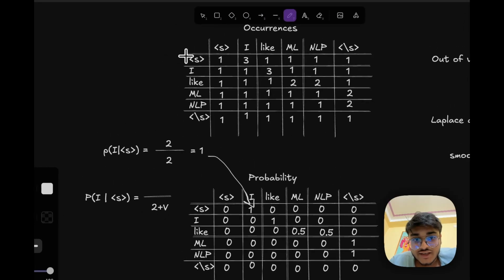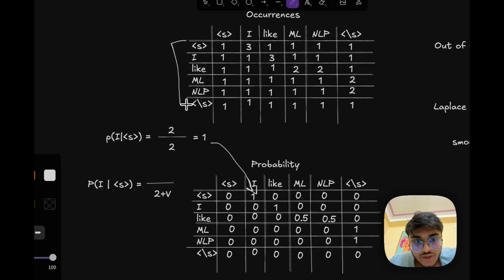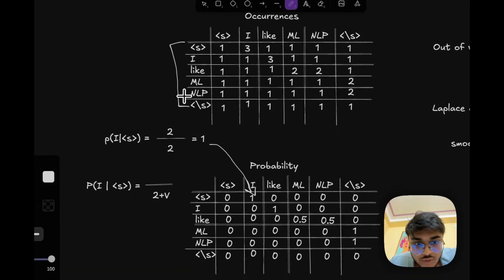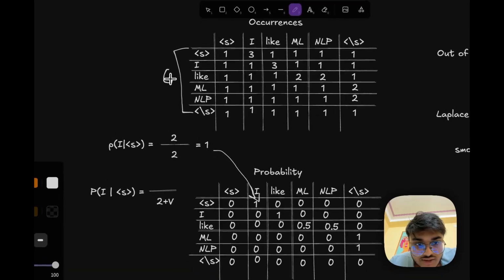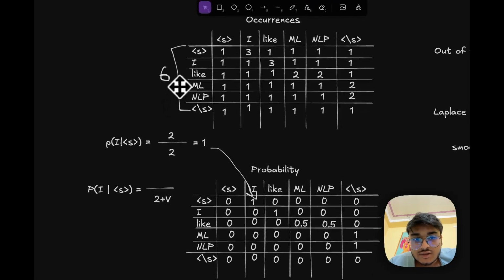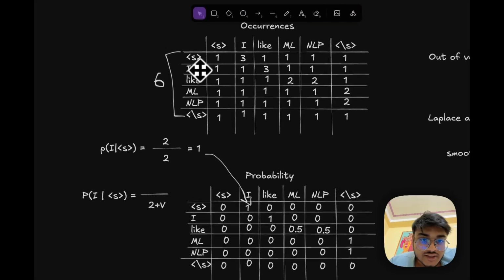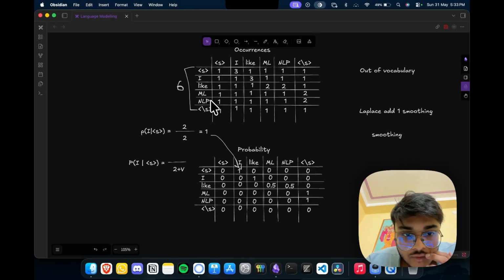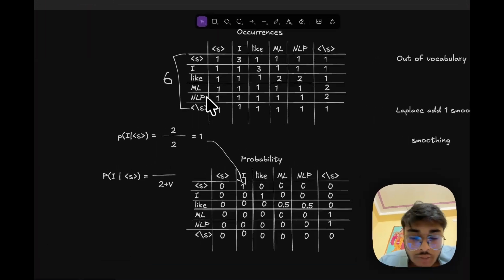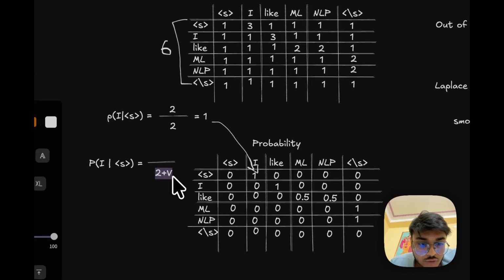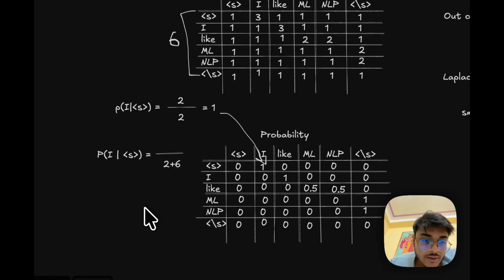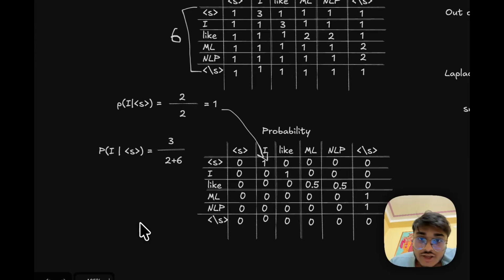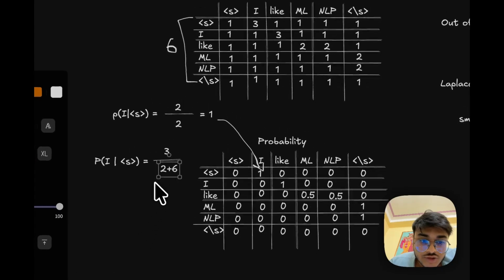It is how many unique tokens there are: start of the sentence, end of the sentence, I, like, ML and NLP. These are the 6 vocabulary items. So you add 6 to the previous occurrences.